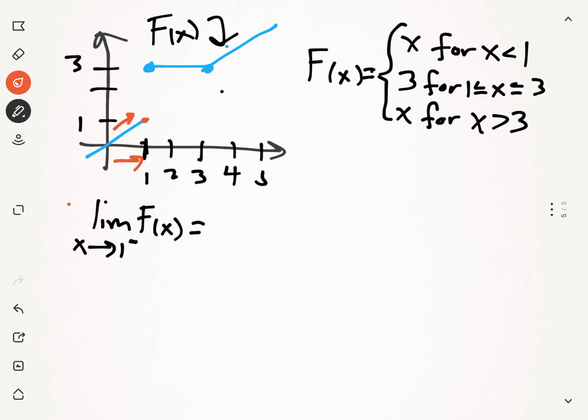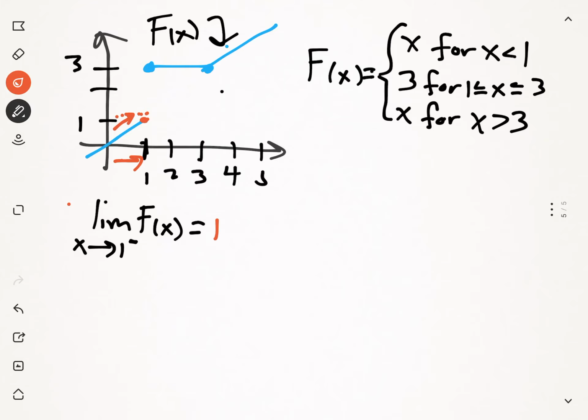Look at the endpoint right there. What is the y value for that? If you go over this way, you'll see that it is 1. So we write 1.